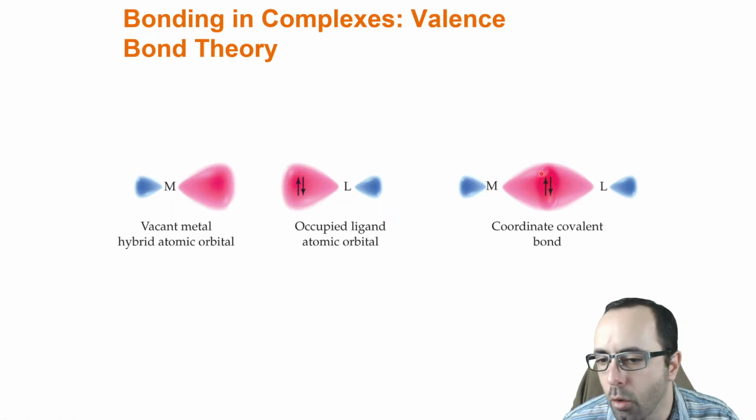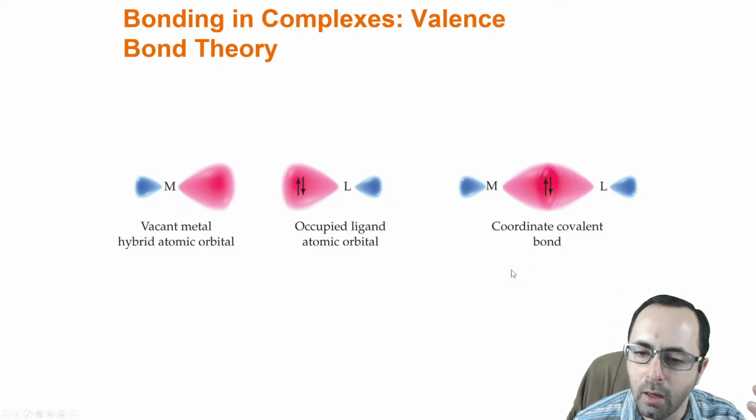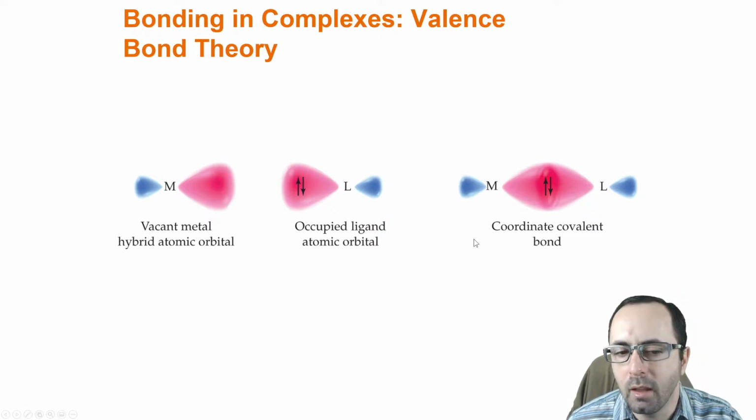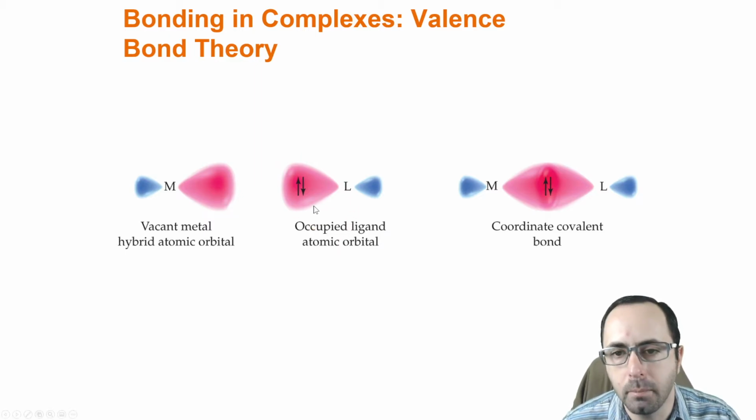When those atomic orbitals overlap, they share two electrons and make what's known as a coordinate covalent bond. This is called a coordinate covalent bond because, unlike normal covalent bonds where each atom gives one electron to the bond, in coordinate covalent bonds both electrons come from one atom, which in this case is the ligand donor atom.